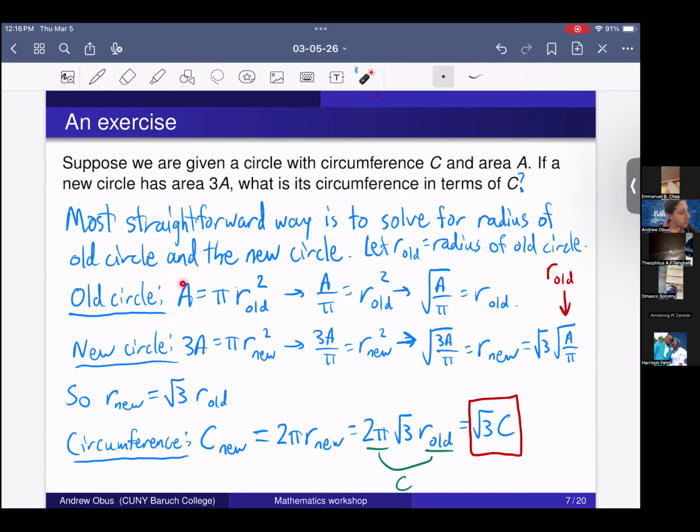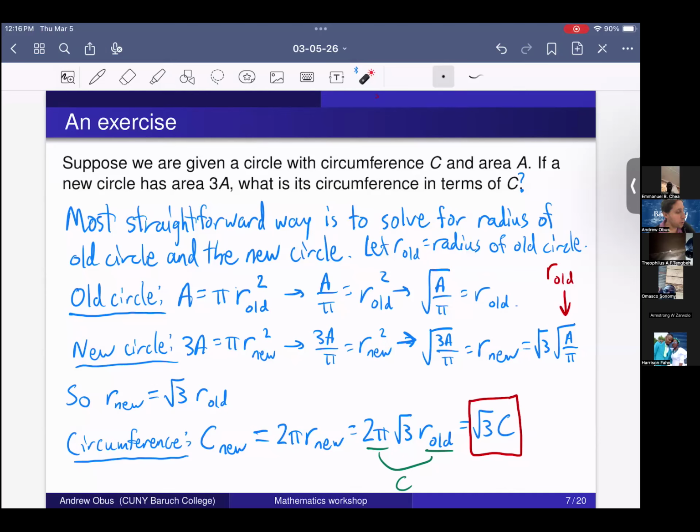So for the old circle, we have A is pi times R sub old squared. That's our formula for the area of a circle. Now we can just solve for R old. We divide both sides by pi, and then we take the square root of both sides. We get that the old radius is the square root of A over pi.